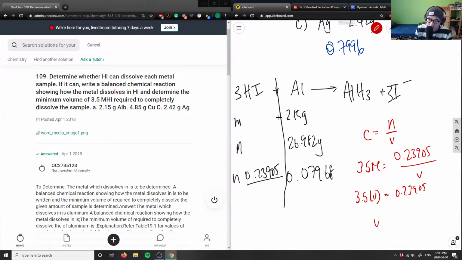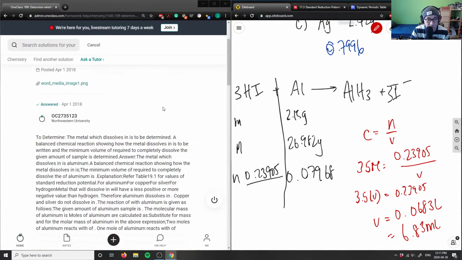And finally, volume would just be 0.23905 divided by 3.5, which would give me a volume of 0.0683 liters. I could convert that to milliliters by multiplying by 1000, which means I only need 6.83 milliliters to dissolve the aluminum in my acid here. So this here is the correct answer, 6.83 milliliters.